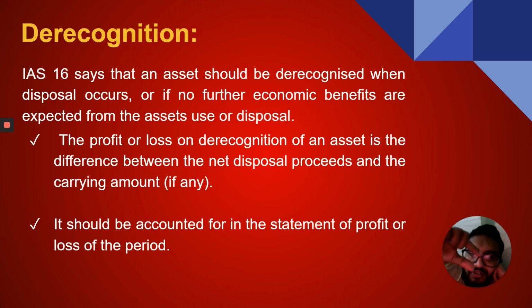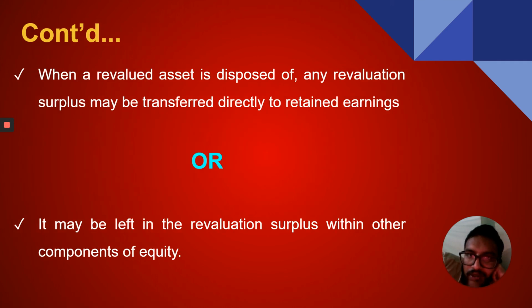There might be a gain, there might be a loss. When a revalued asset is disposed of, you can debit revaluation surplus and credit retained earnings, or you could just leave it in the revaluation surplus within other components of equity, which means no entry is required.